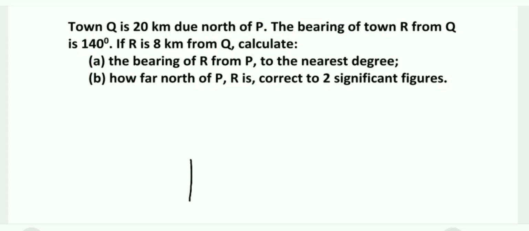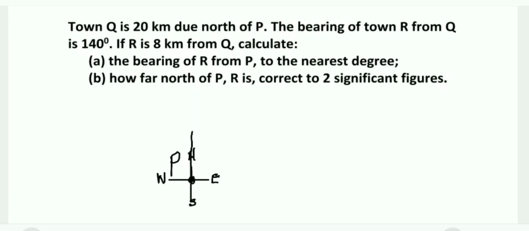So I just want to draw the four cardinal points, and I'm going to call this my point P. This is the north, the east, the south, and the west of P. Town Q is 20 kilometers due north of P, so that means town Q is just 20 kilometers northward.